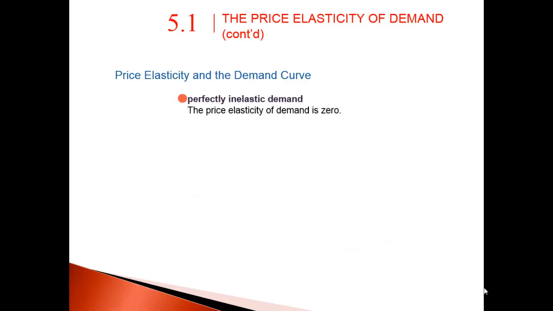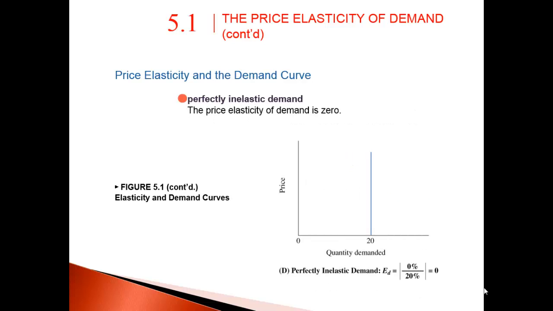Perfectly inelastic demand. This is when the price elasticity of demand is 0. This is essentially a monopoly, but we'll look at monopoly graphs later on, and they do differ a little bit, but for the most part, just think of it this way. No matter what, you're only going to buy a certain amount.